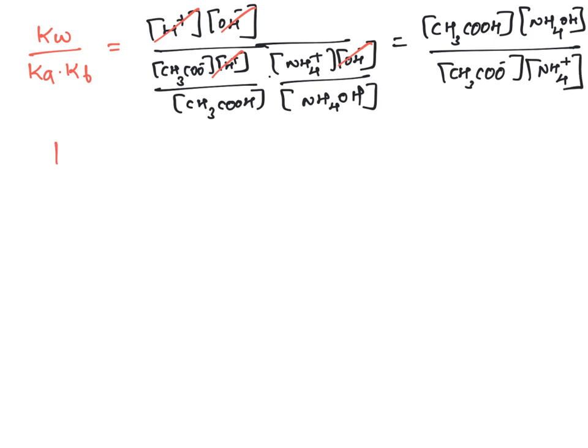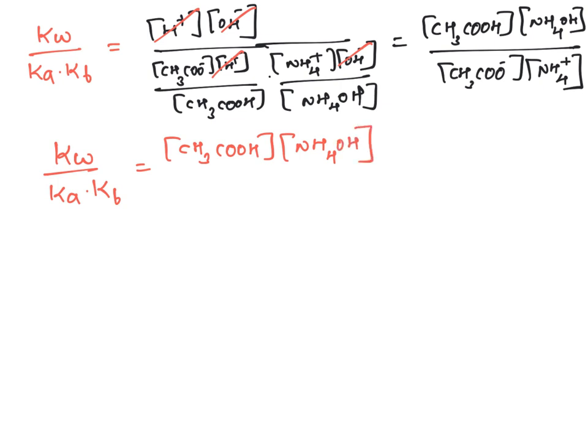If you observe, Kw by Ka dot Kb equals concentration of acetic acid and concentration of ammonium hydroxide over acetate ion and ammonium ion NH4 plus.